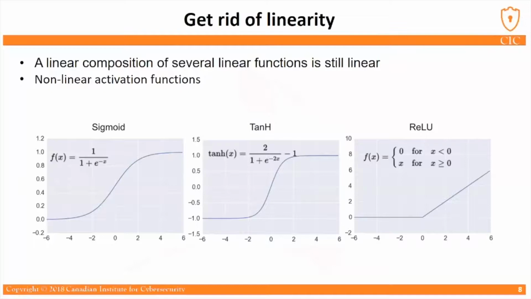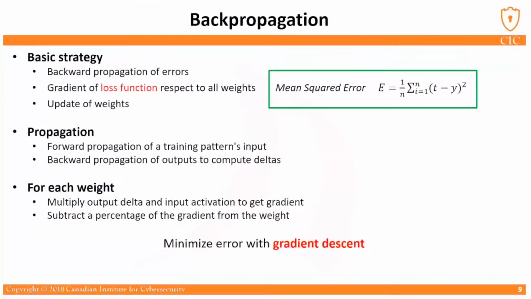So that's why we use nonlinear functions in deep networks. Here are some examples of nonlinear activation functions like sigmoid, hyperbolic tangent, and rectified linear unit, or ReLU. The algorithm that is used in neural networks for fine-tuning the weights and parameters is called backpropagation.